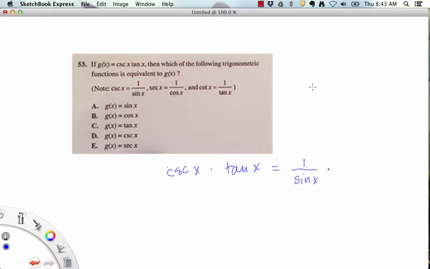Well, remember, just like in the last problem, SOH CAH TOA: opposite over hypotenuse, adjacent over hypotenuse. TOA, opposite over adjacent, that's the sine over the cosine. So, okay, sine x divided by sine x, that's just 1.